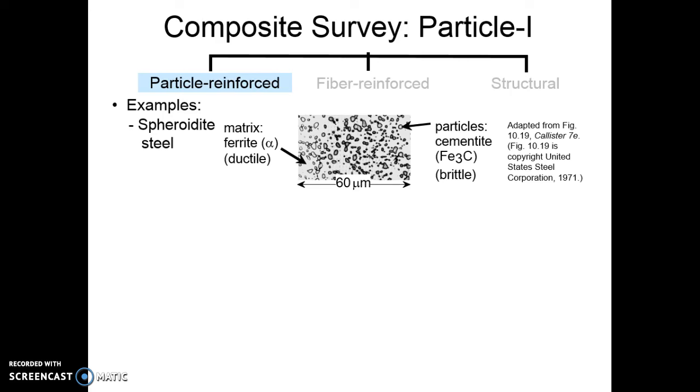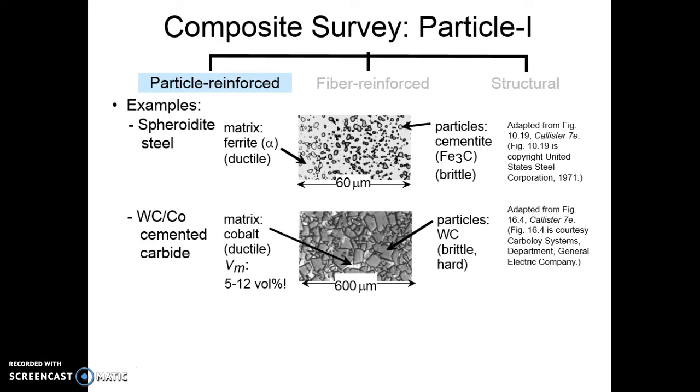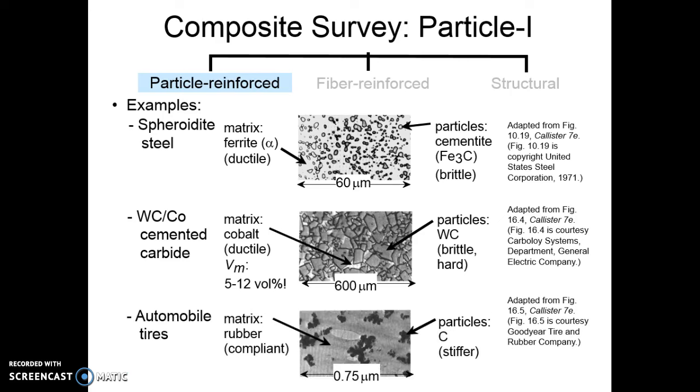The best example of a particulate reinforced composite is spheroidized steel, which consists of a matrix of alpha ferrite with brittle cementite as a reinforcement. Tungsten carbide and cobalt is also an example of a particulate composite. In automobile tires, we find nanocarbon in the rubber, which increases the tensile strength and wear resistance of the natural rubber.